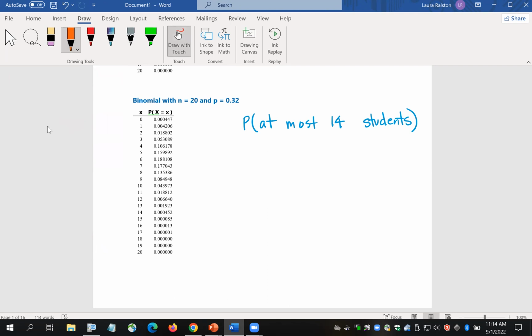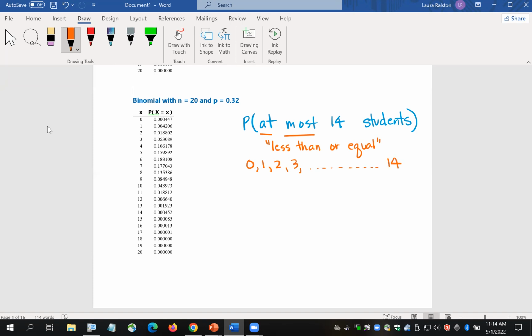Okay, at most in terms of that phrase means it could be anything less than or equal to 14. So at most implies less than or equal, which means I could have 0, 1, 2, 3, all the way up to 14.